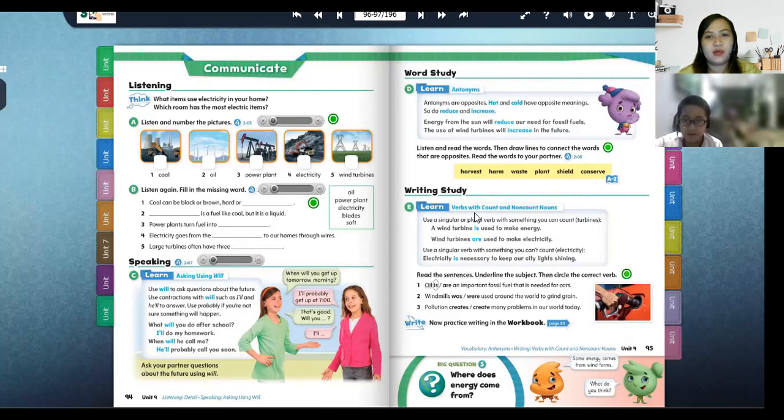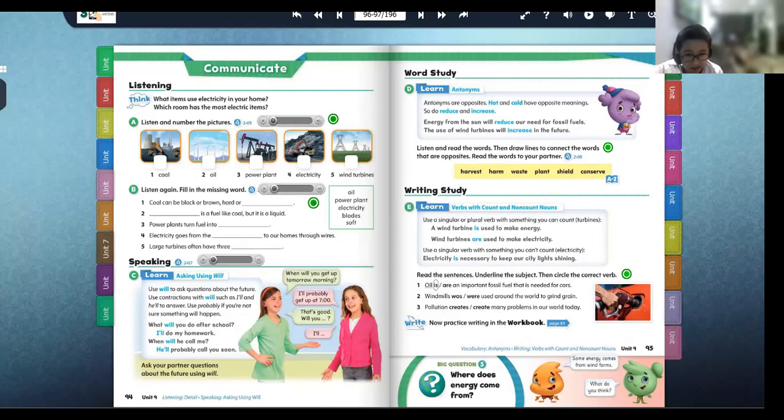Let's learn about verbs with count and non-count nouns. Did you already learn this in your English class or not yet? Yes, I learned it. Wow, very good.